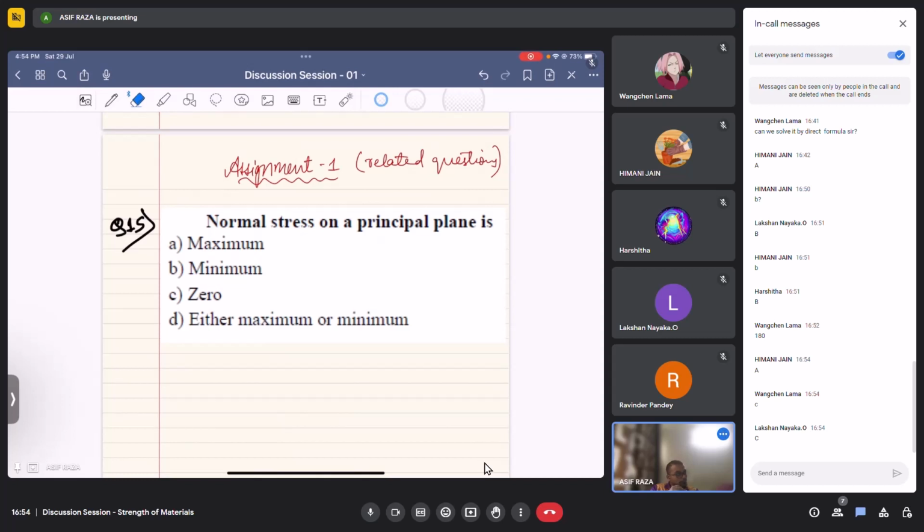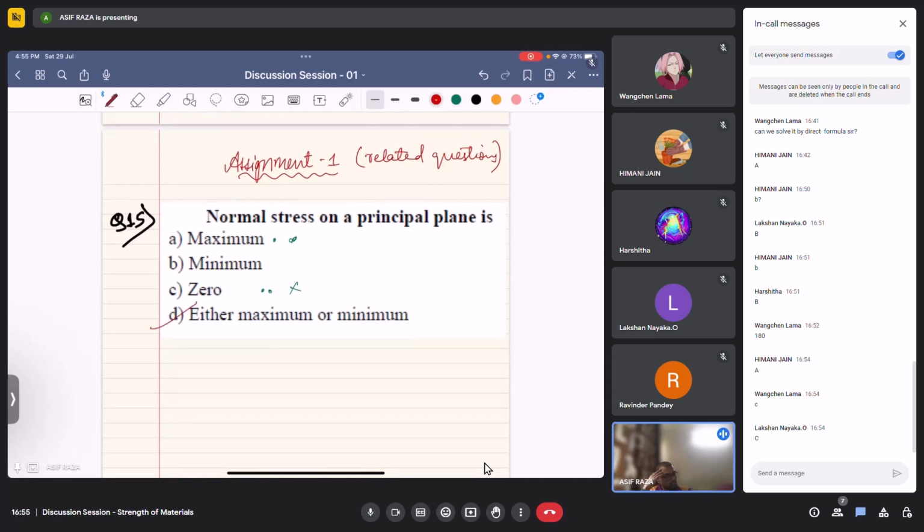Anyone else? Okay. So one of them has said option A and two of them have said option C. It's neither this, nor this. The answer is option D.